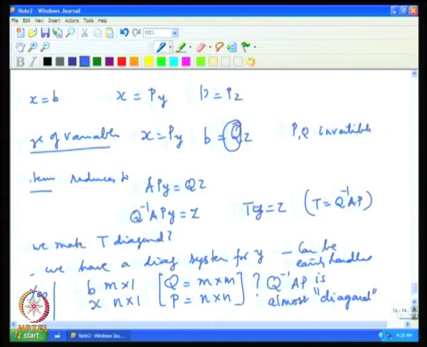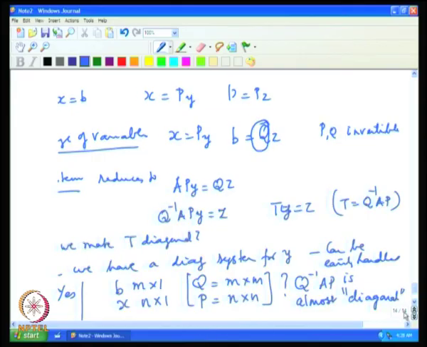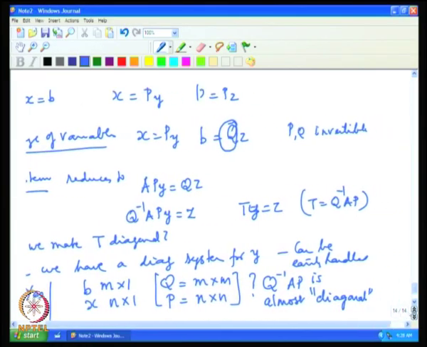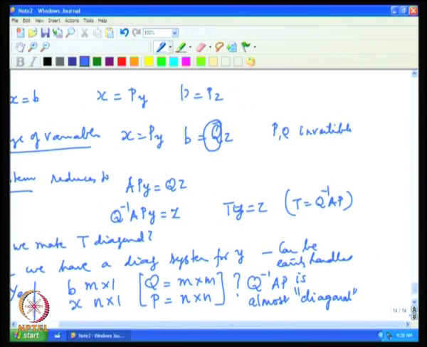So, therefore, summing up, we have a system of equations which we can analyze by reducing it to the simplest system, and the simplest systems are the diagonal systems. In the case of square systems, where we have the number of unknowns equal to the number of equations, we can do two things. One is we can reduce the system to a diagonal system by using two different transformations, one for the unknown x and one for the known b.